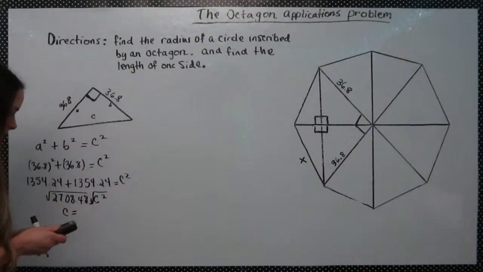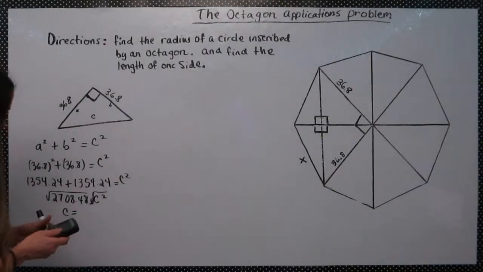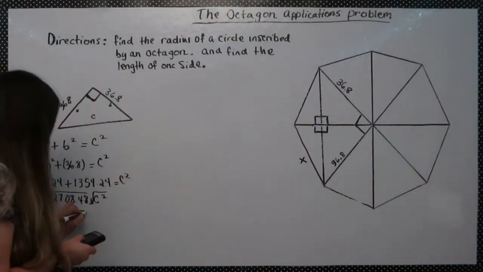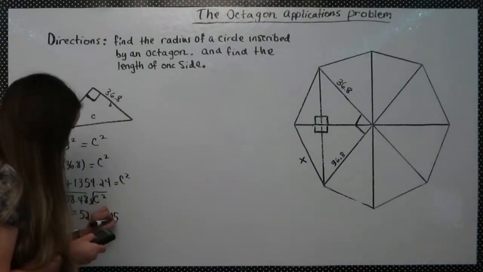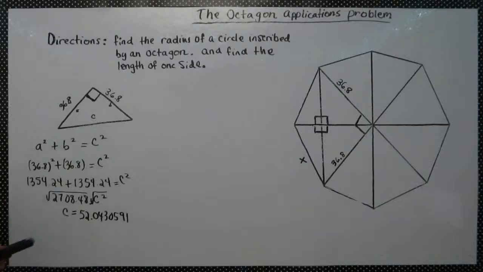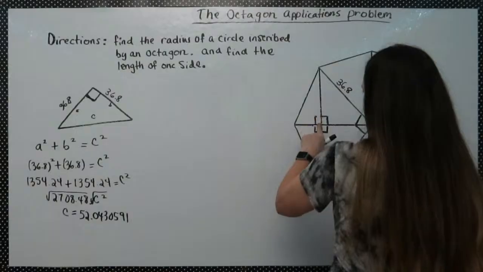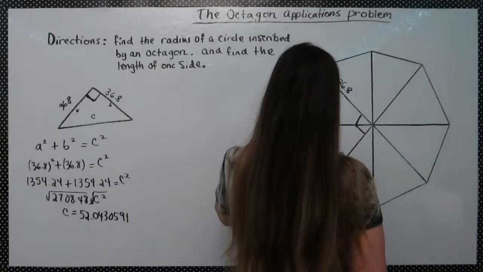So c equals, and that's going to be 52 point, so we'll list all the digits it gives me: 52.0430591. All right. So this entire length here is 52.04.